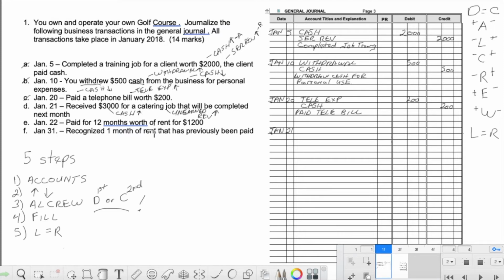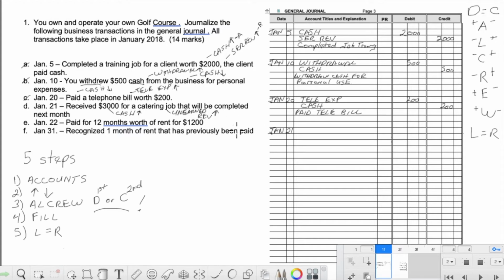Because we have to do debits first, not credits. So debits, so cash going up over here, so it's an asset, so it's a debit, so that one's good. Unearned revenue, what category does that fall under? We still owe the job, right? It's a liability, right? So it went up, so it would be on the right-hand side. So that's a credit, so that's second.